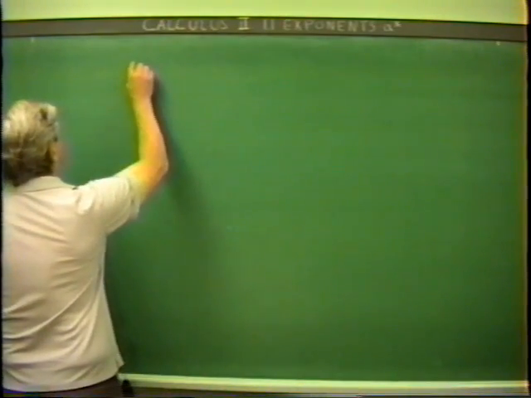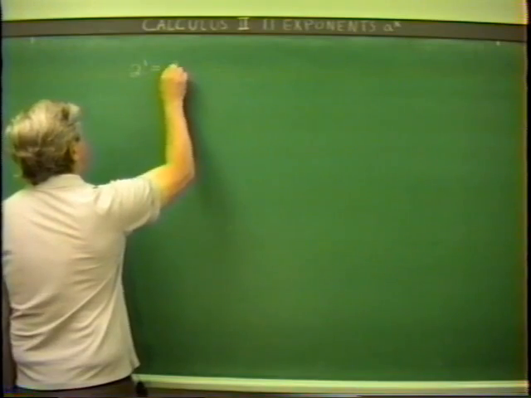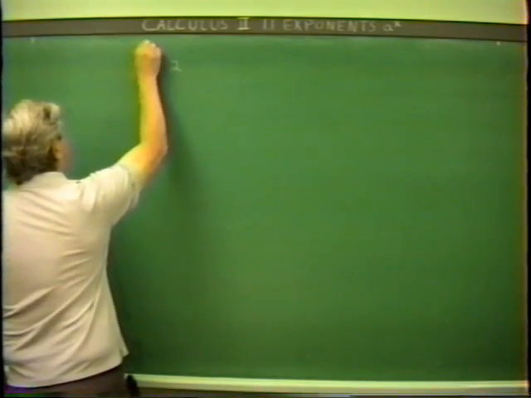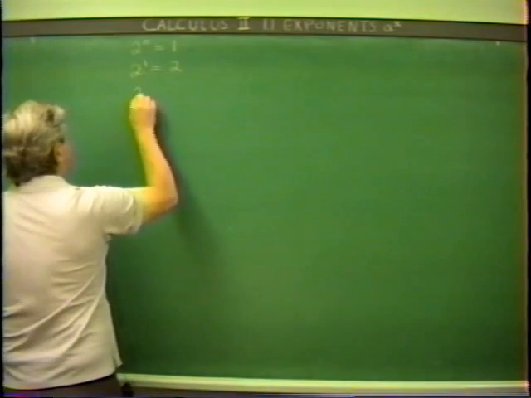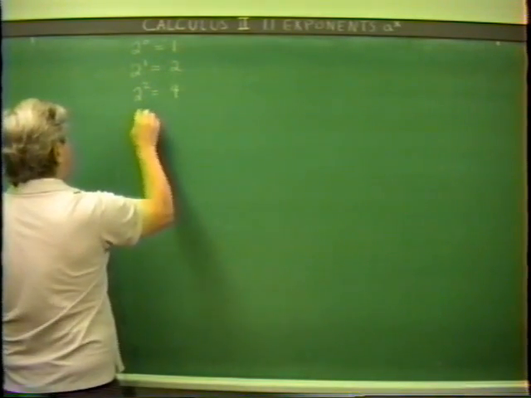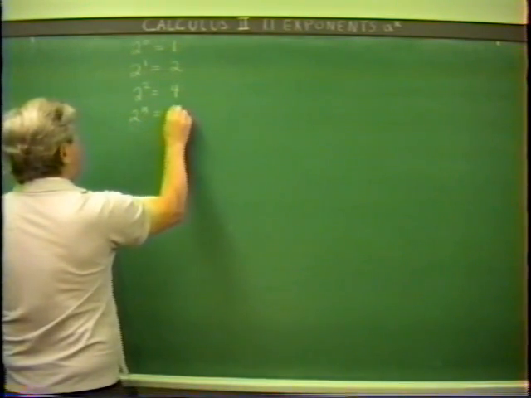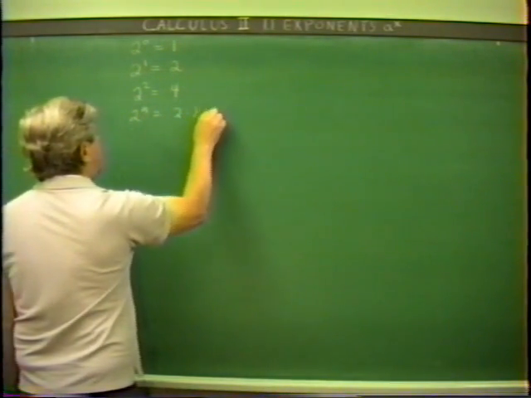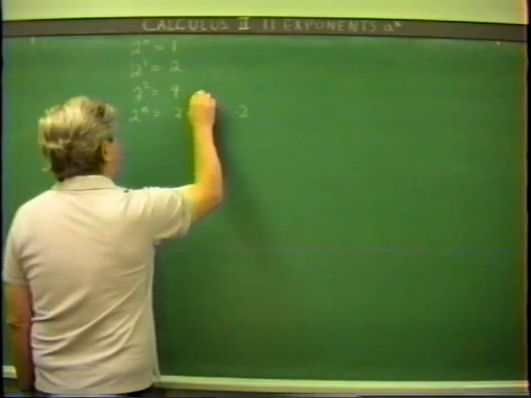That's to say, for example, 2 to the 1 power is going to mean the number 2. And 2 to the 0 power, the number 1. And 2 squared, 4. And 2 to the n power will mean 2 times 2 times 2, using 2 as an example here, times 2, n times.